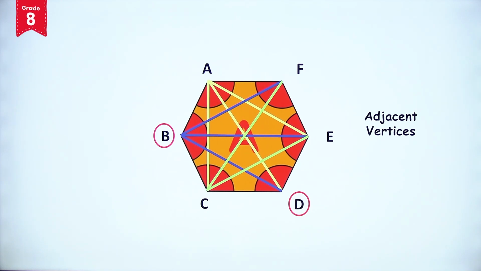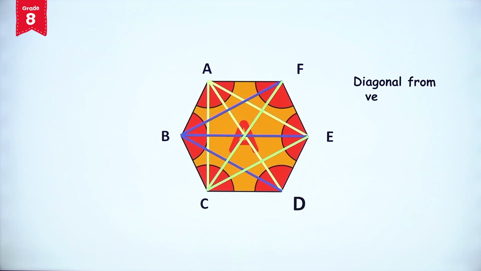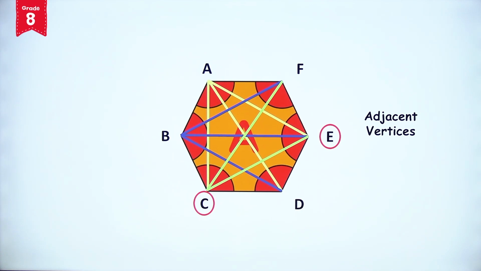Now let's move to vertex D. Its adjacent vertices are C and E. From vertex D, we can only draw diagonal DF as we have already drawn the diagonals DB and DA.